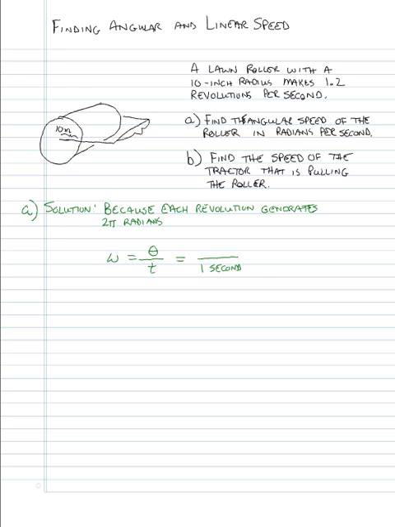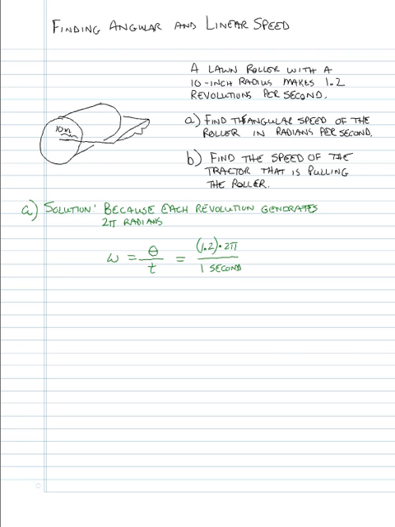Well, what angle is 1.2 revolutions? For every 1 revolution, we have 2 pi radians, don't we? So in this case, in 1 second, the angle that we go through is 1.2 revolutions, or 1.2 times a single revolution, which is 2 pi radians.